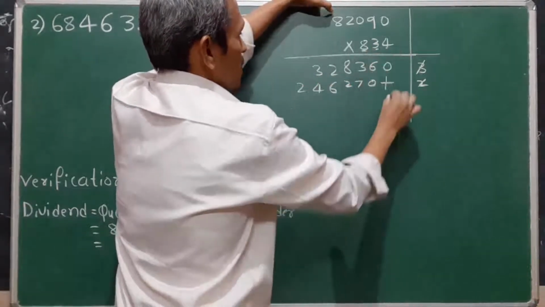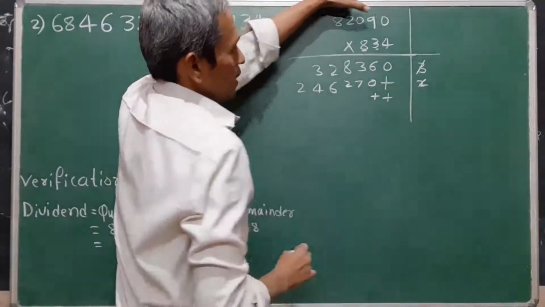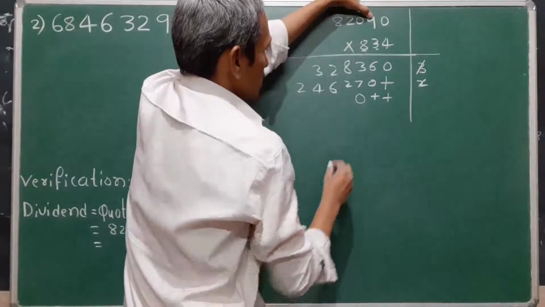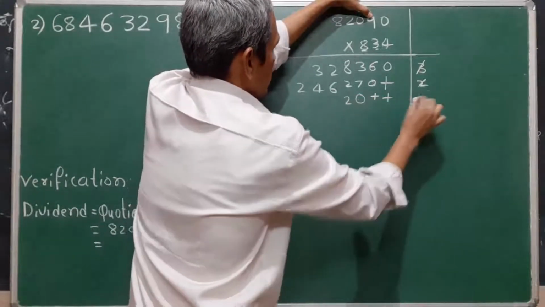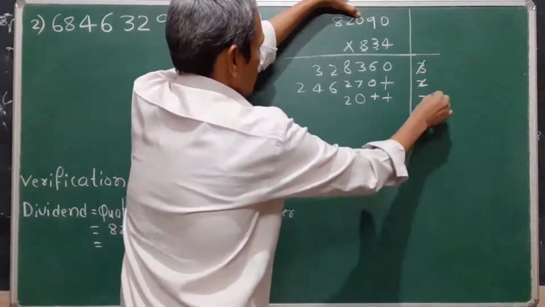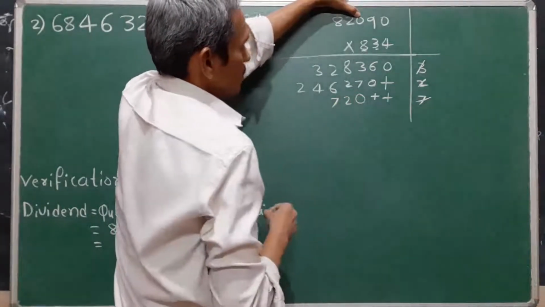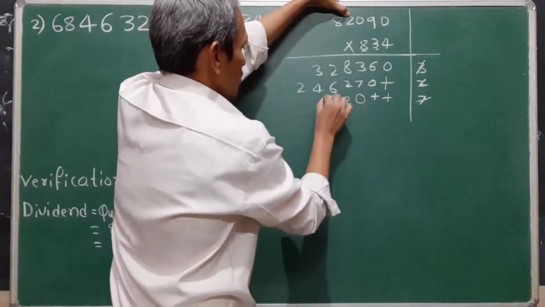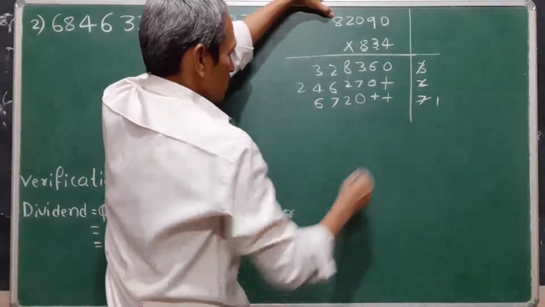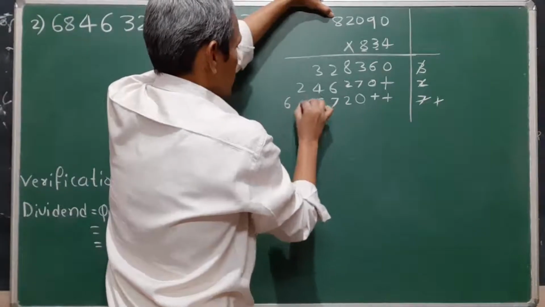Now we will multiply by 8. 8 zeros are 0, 8 nines are 72, 2 is here, 7 carry, 8 zeros are 0, 0 plus 7 is 7, 8 twos are 16, 6 is written here, 1 is carry, 8 eights are 64 plus 1, 65.